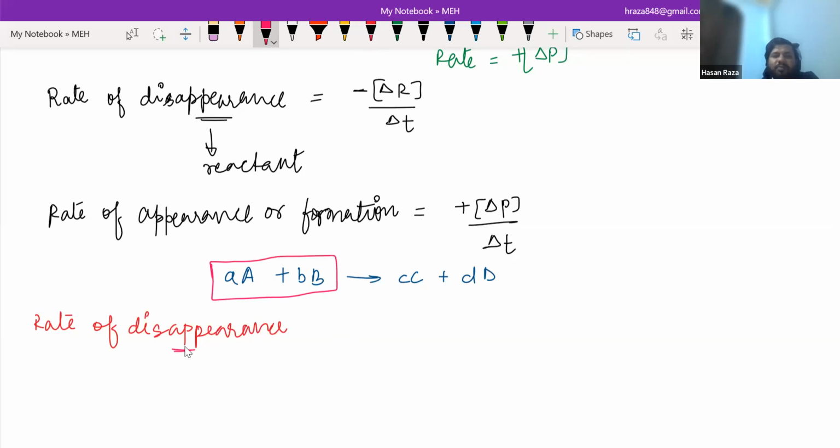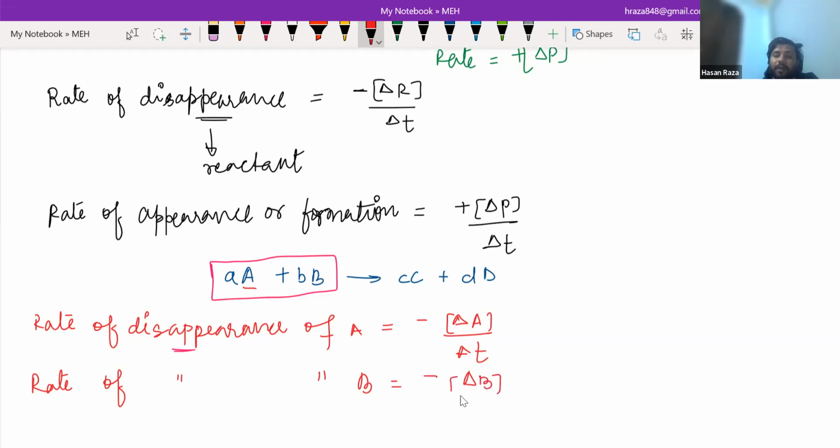So the rate of disappearance of A is negative change in concentration of A upon delta T. Then the other reactant, the rate of disappearance of B, again with a negative sign since it is a reactant, is negative change in concentration of B upon delta T. Is that clear?